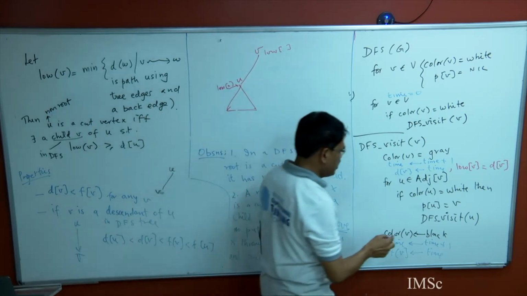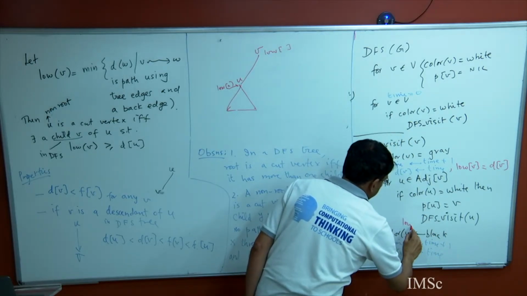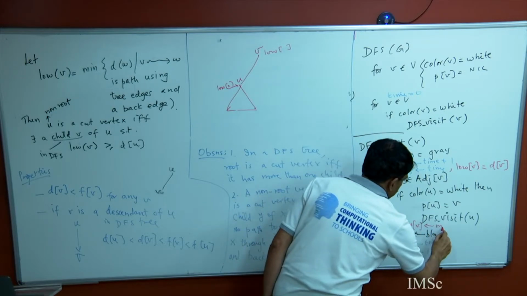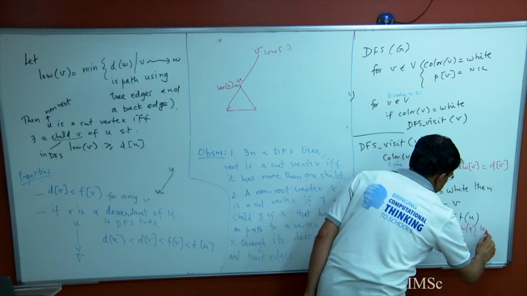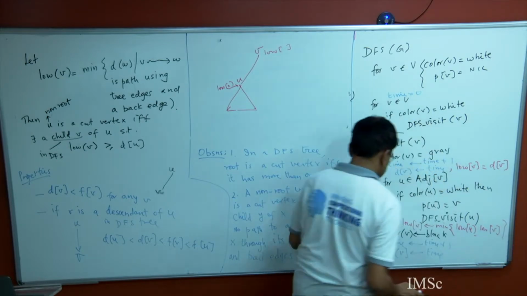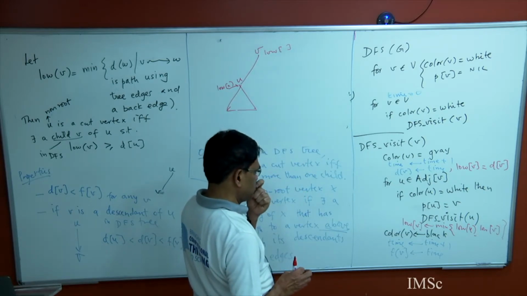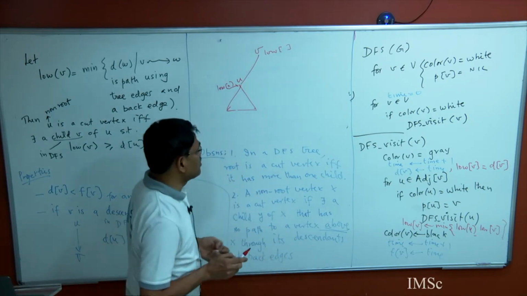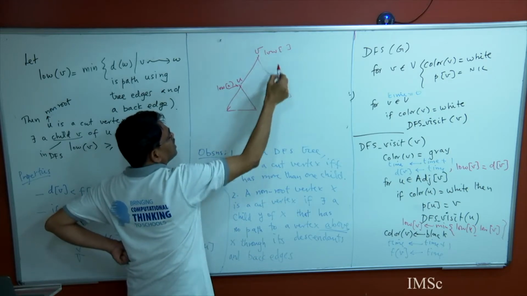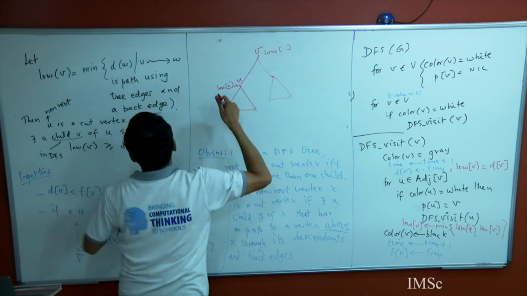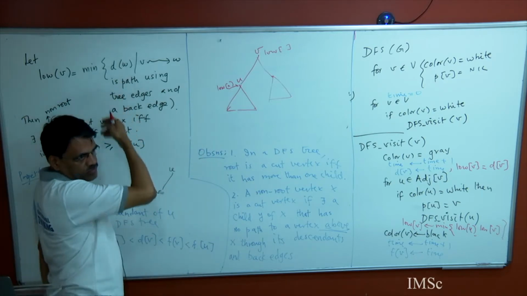So here I will say low of V is minimum of low of U comma low of V. That's it, really. After I finish this, DFS will call the next child, I will compute some low value, and this is basically updating the minimum. Another way to write this is that low value is the minimum of the low values of its children.